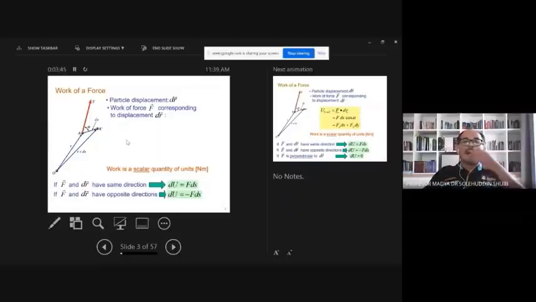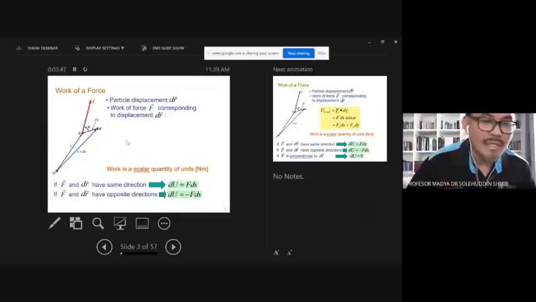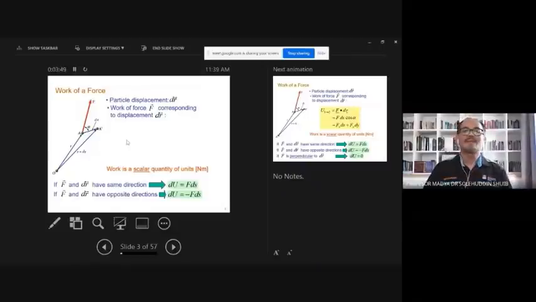Now I want to write the work done from 1 to 2, the work of the force corresponding to the displacement.